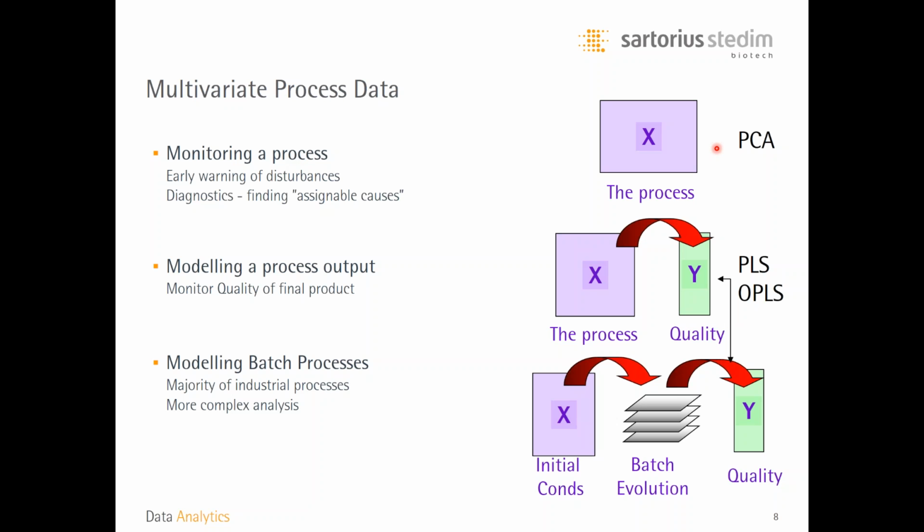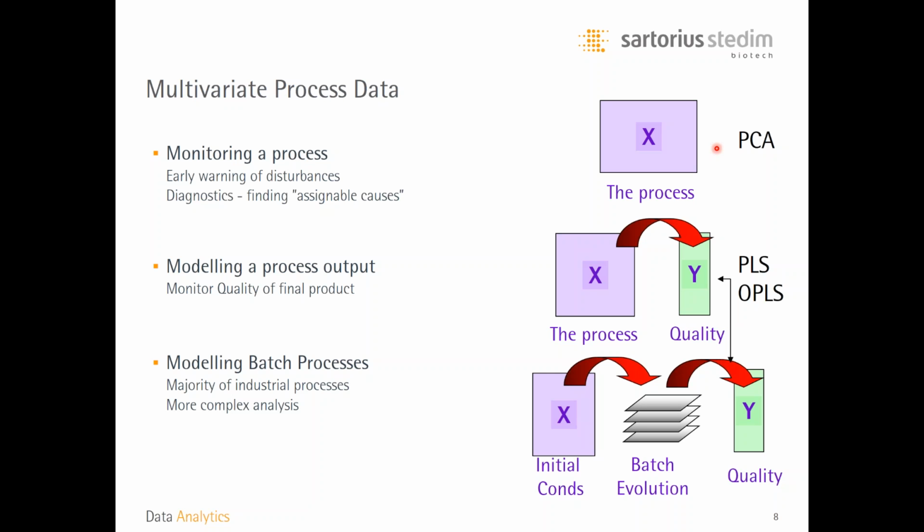So with PCA you can build a process monitoring model that will tell you whether the current process condition conforms well or not at all with what were good conditions in the past. One of the main objectives is to extract a model that is capable of distinguishing good from bad, and that can also help you to extract early warnings of disturbances or deviations from good operating conditions.